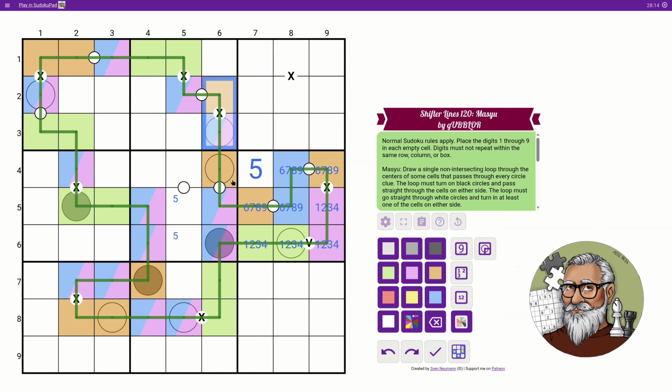This is blue then, and this is pink. Pink. And orange here would make this one pink as well. The orange here would make this one blue. Blue would make this one green. Oh, thankfully that worked.